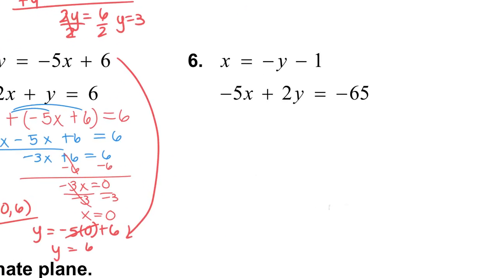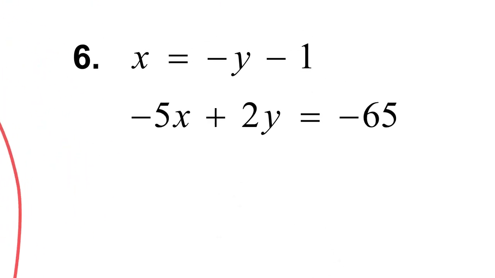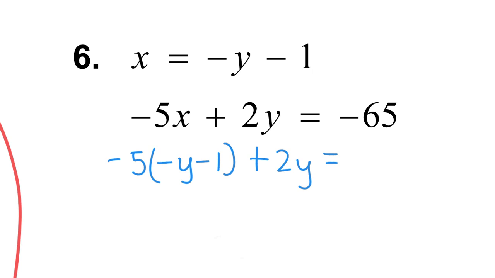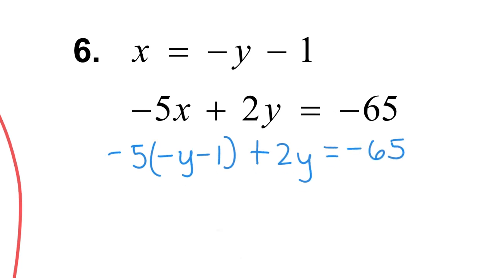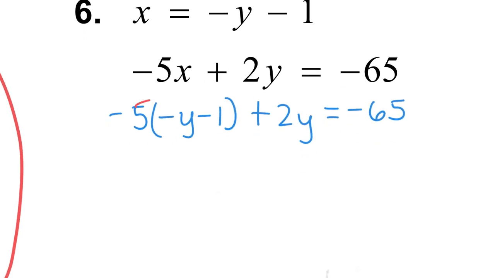Number 6. This is not in slope-intercept form, but we have an x equals. Again, this is easier to use substitution, just wherever you see x, substitute from this first equation into the second one. So we're going to have negative 5 times (negative y minus 1) plus 2y equals negative 65. I will distribute.